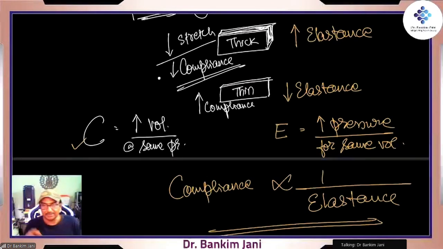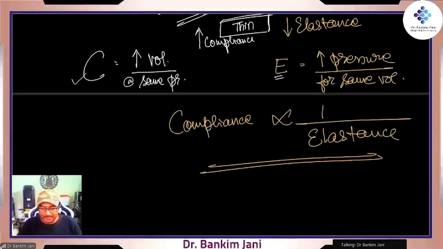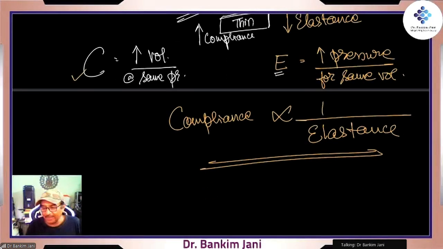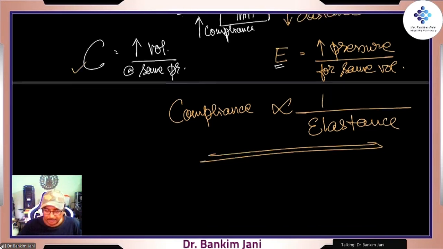When compliance is more, it will be able to expand and stretch. Elastance is increased pressure for the same volume; more pressure is needed to come back. So compliance and elastance are inversely proportional. Obviously, one is stretching and the other is coming back.